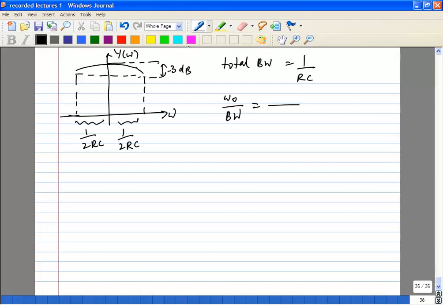We know omega naught is 1 over root LC, bandwidth is 1 over RC. So this is R over root of L over C, which we know is the Q. So Q for a parallel RLC network is also omega naught over bandwidth. So we have different definitions for Q.